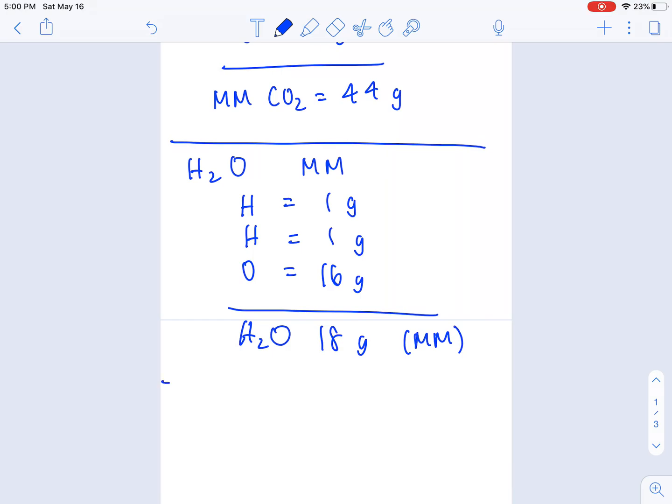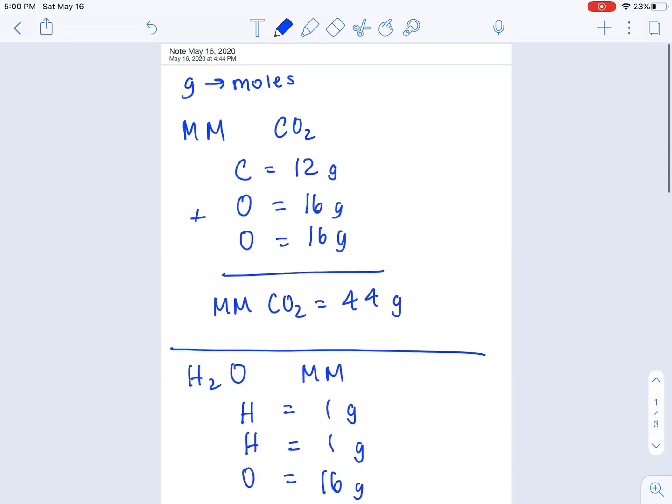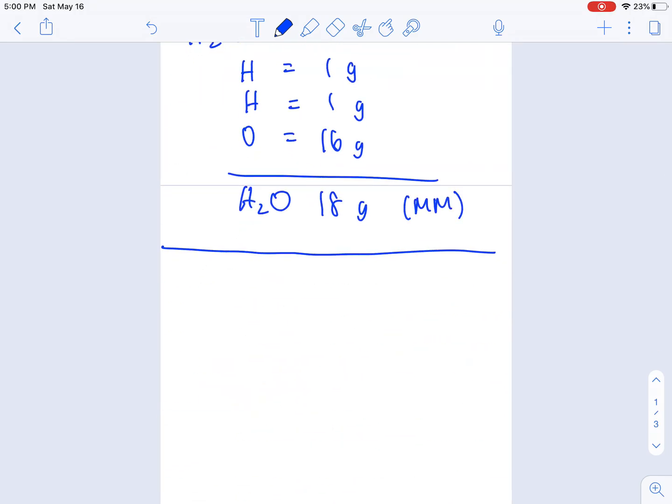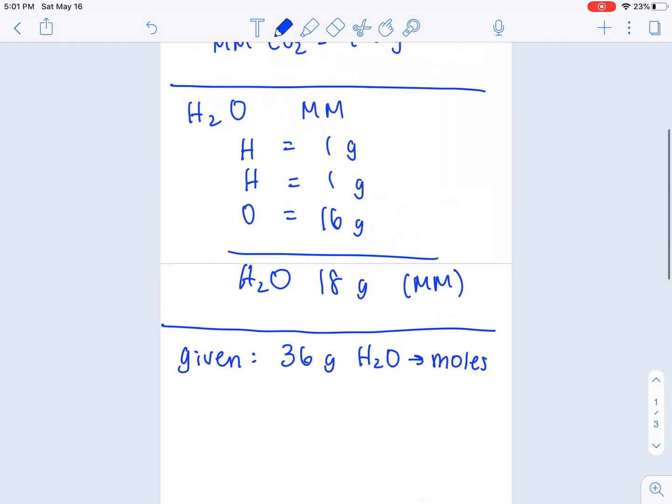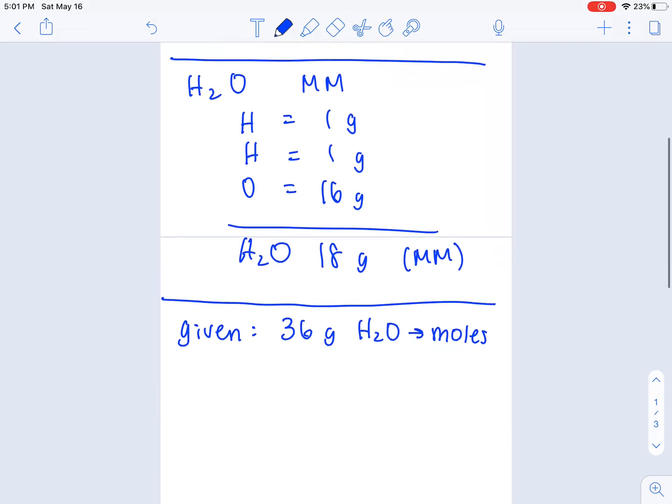This is very important because, as you see when we actually do a conversion, this molar mass never changes. So let's start off with a given number. Let's say a problem is asking you to convert 36 grams of H2O into moles. Now this is where you use the molar mass. Given the molar mass that we found for H2O, which is 18, we went back to the periodic table and found the molar mass.